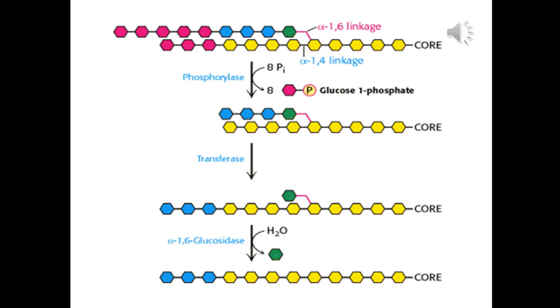This continues, sequential removal of glucose until it reaches the branch point. Then another enzyme, the debranching enzyme, whose substrate here is limit dextrin, comes in after removal of many glucose in the form of glucose 1-phosphate, and at the branch point the debranching enzyme has two activities.